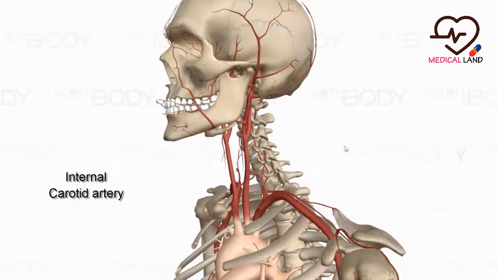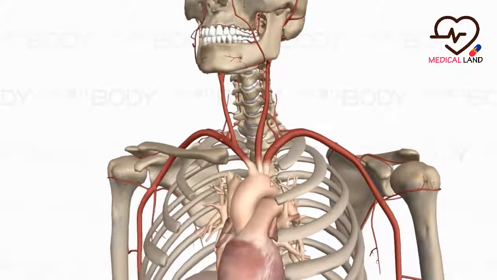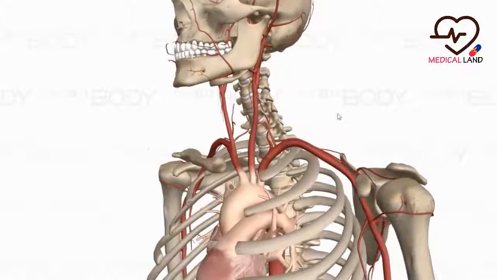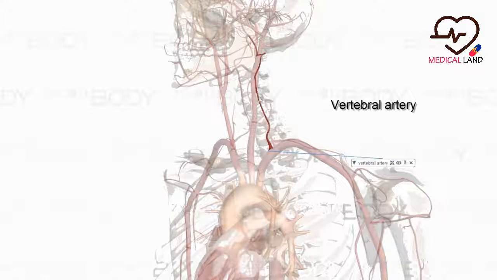Now again, since we don't have a brachiocephalic trunk on this side, the next vessel is going to be our left subclavian. I removed the clavicle just so that we can see it a little bit better, but the left subclavian. Now branching off the subclavian is going to be our left vertebral artery.